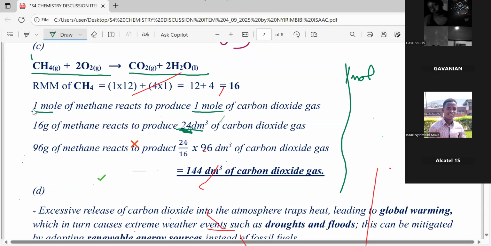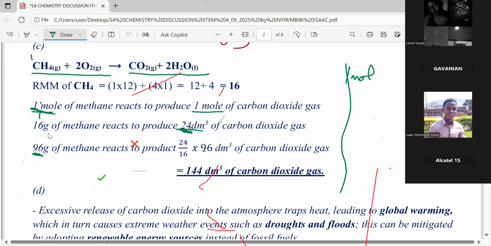Now, why is it that here we converted 1 mole to mass? Because in the scenario, they gave us mass. They gave us this in terms of mass. So since they gave it to us in terms of mass, that's why we are trying to convert this mole to mass. But another person could say, let me first convert this mass into moles, and say, if 1 mole of methane produces this, what about the moles in 96?